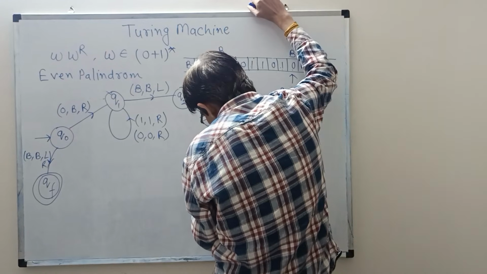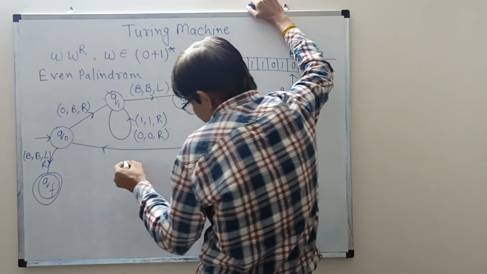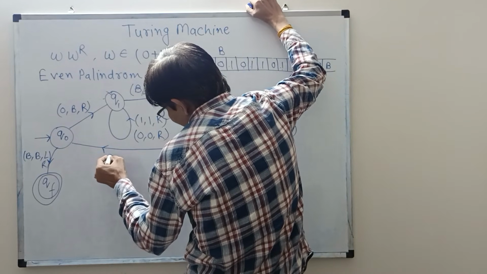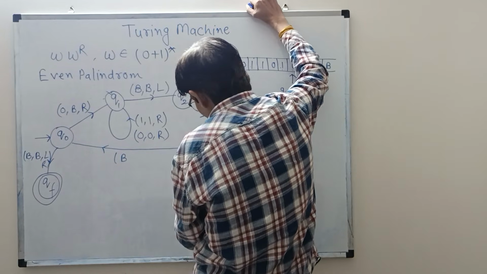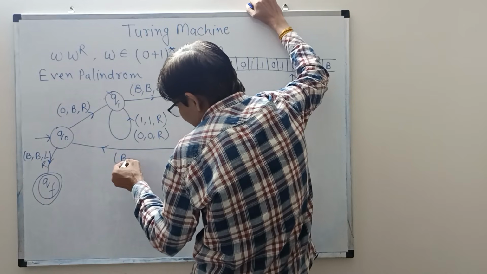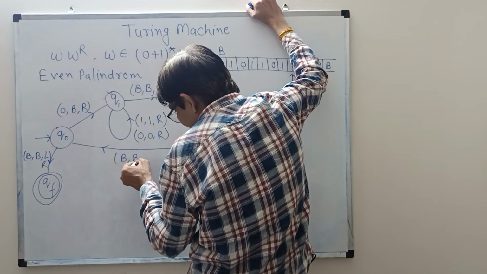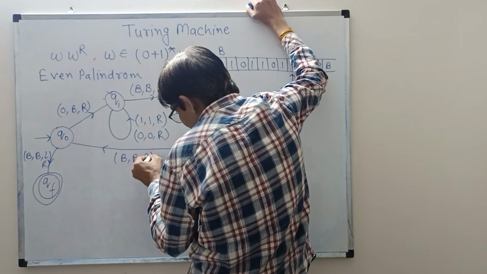So you will change your state to Q0. So this would be the transition for blank. On Q3, if we are getting blank, then you will move to Q0 and you will leave blank as it is and now you will start moving towards right.